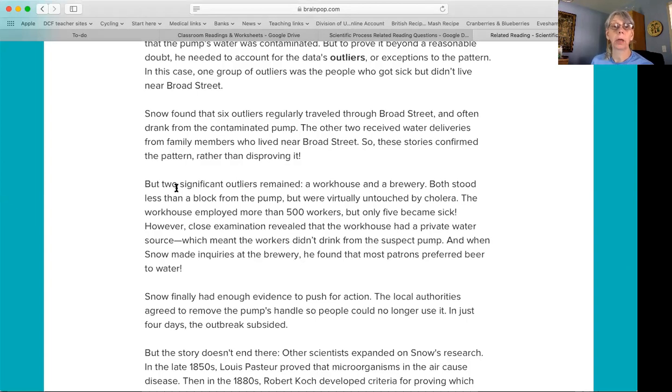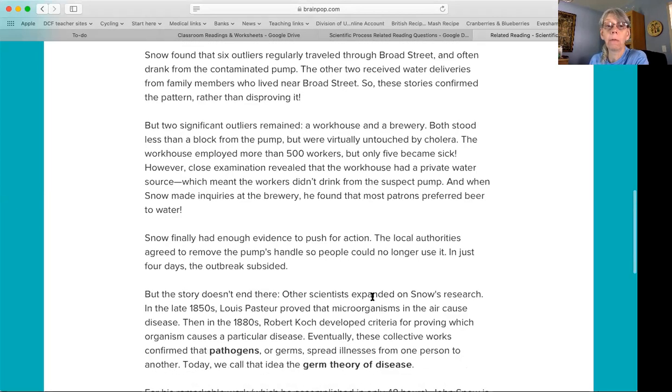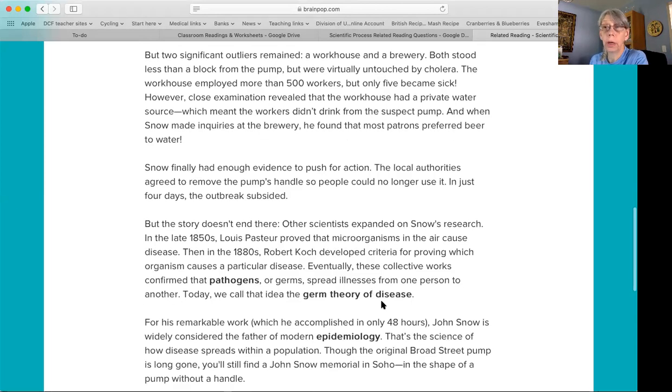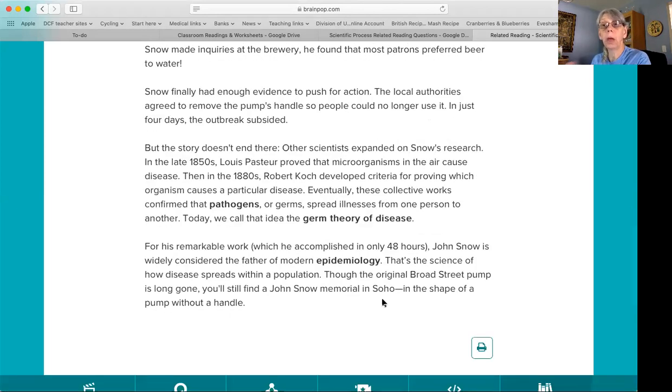People build on that. Dr. Snow is considered to be one of the first epidemiologists, which means people who study how diseases spread from one person to another. Epidemiologists are the doctors who have been studying, trying to figure out how coronavirus is spread from one person to another. And that's how we know that we need to stay away from each other because it's in droplets in the air.